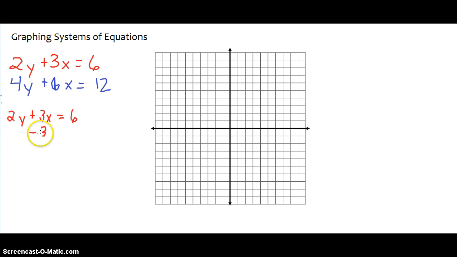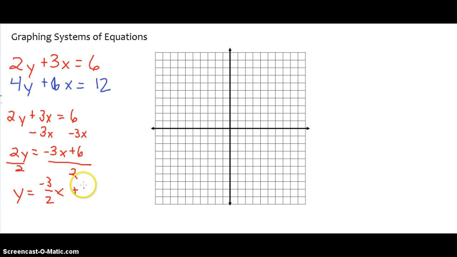First, we want to get this y term by itself, so we'll subtract 3x from both sides. We get 2y equals negative 3x plus 6. Let's divide by 2. We're going to get y equals negative 3 halves x plus 3 for our red equation.